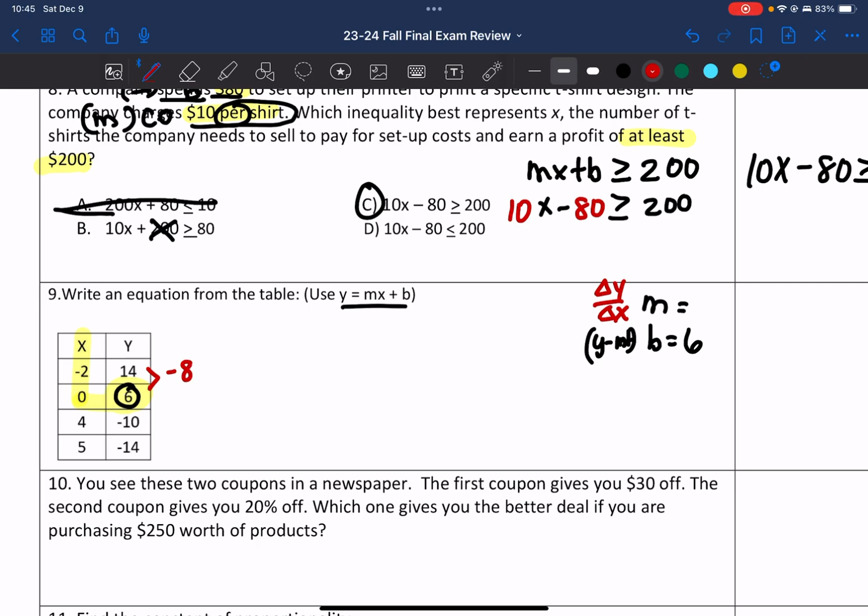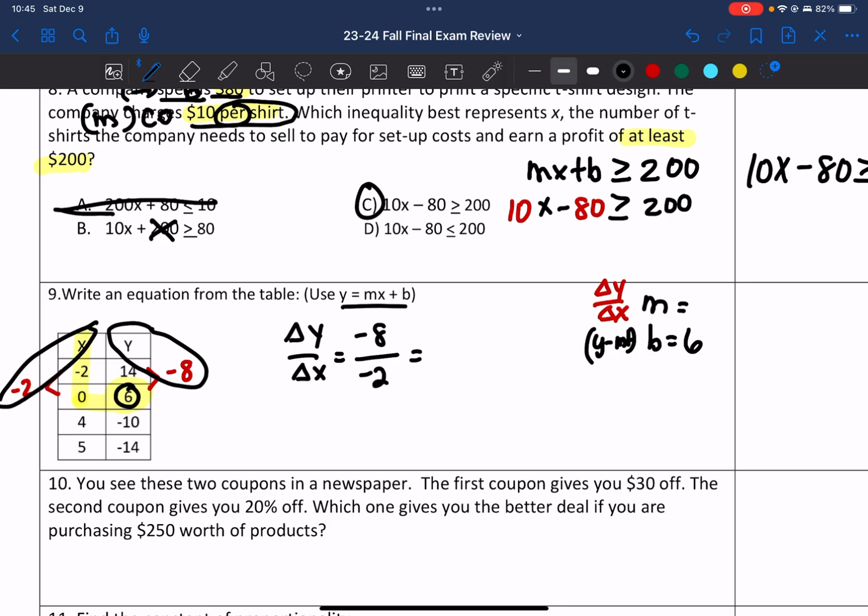Okay, and then from negative 2 to 0, we actually went down 2. So that would be negative 2. So going back over here, change in y is going to be negative 8. I'm going to write my change in y over change in x, negative 8. The change in x is negative 2.